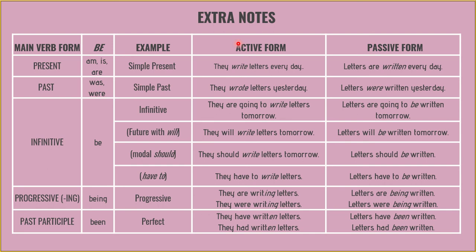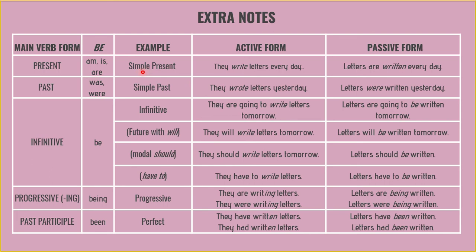Here are some extra notes. In this column you can see the main verb forms: present, past, infinitive, progressive (-ing), and past participle. This column shows the be forms, and here are some examples.